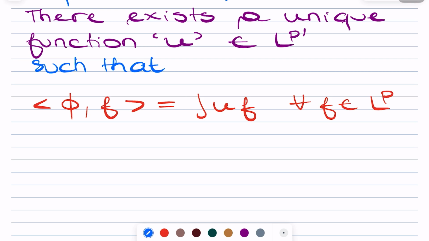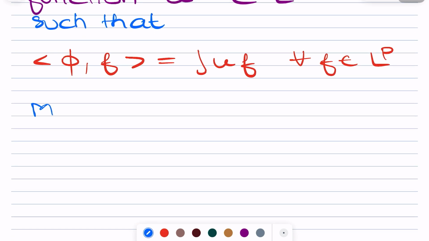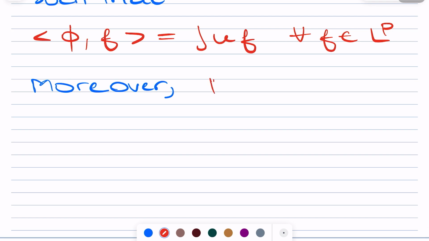Moreover, the L^p' norm of u is equal to the operator norm of phi.